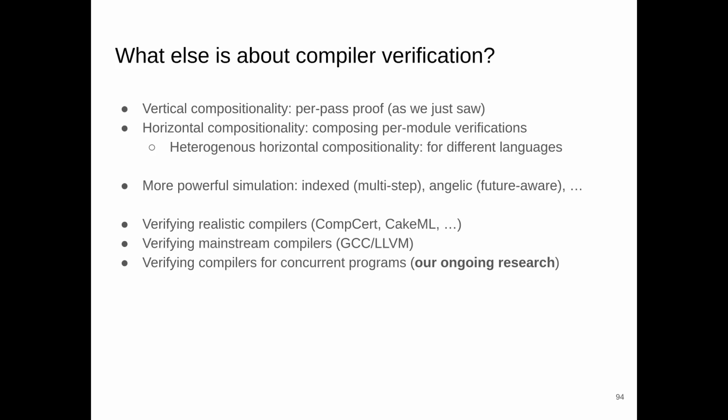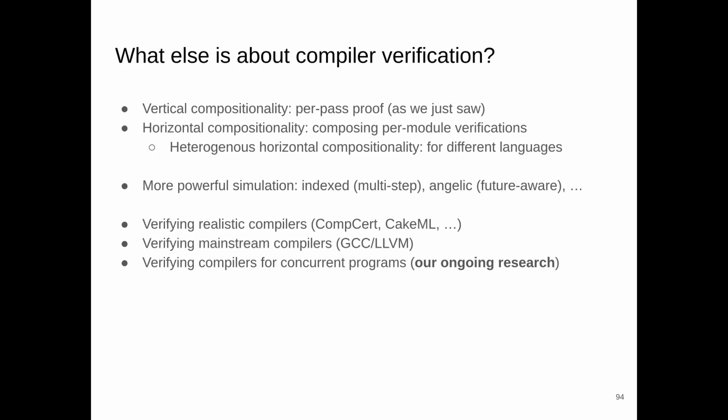And this is a proof technique, and there is also a horizontal composition. So if you compile two files, for example A.c and B.c, and want to compose the correctness of these two, this is another dimension of compiler verification.